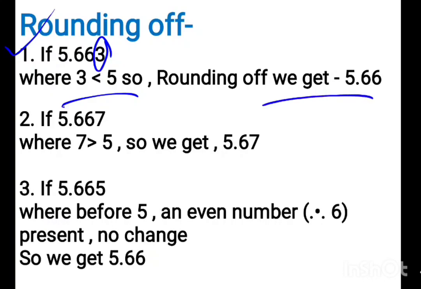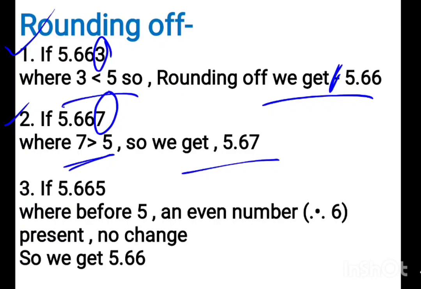So when it is 5.663, 3 is less than 5, so we get 5.66. Okay, next one, 5.667: the last digit 7 is greater than 5, so by rounding up we get the 2 decimal number 5.67.